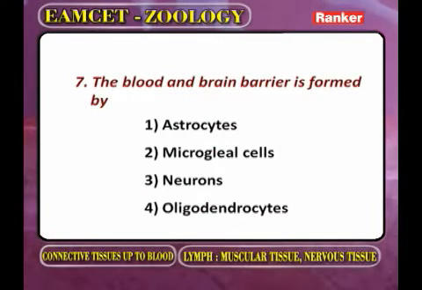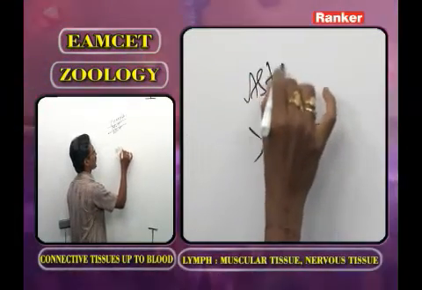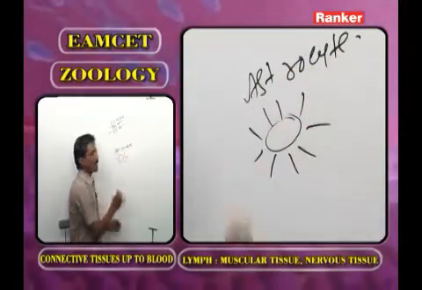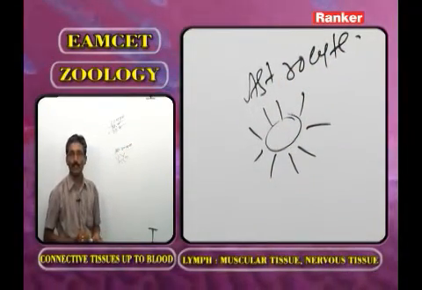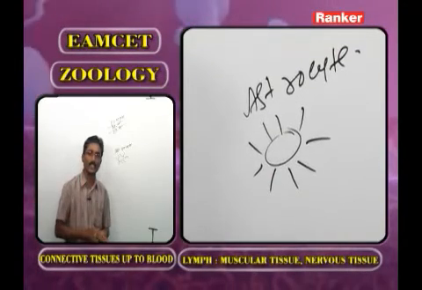The blood-brain barrier is formed by. Now this is the star-shaped cell, the astrocyte. The astrocyte forms the blood-brain barrier. The blood is supplied to the central nervous system.